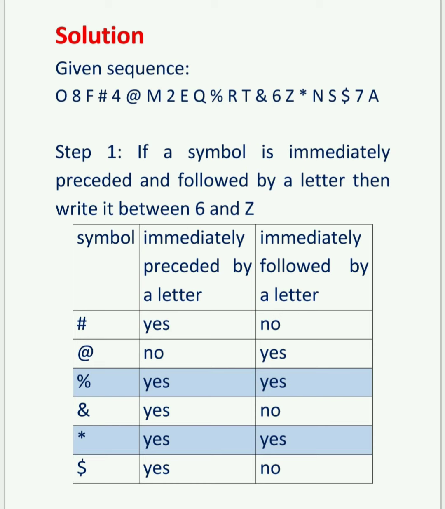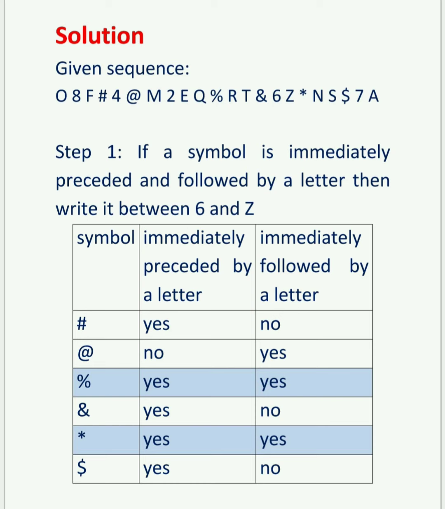Similarly, @: preceded, no; followed, yes. Percentage: preceded yes, followed yes. And: preceded by a letter yes, followed by a letter no. Star: preceded by a letter yes, followed by a letter yes.